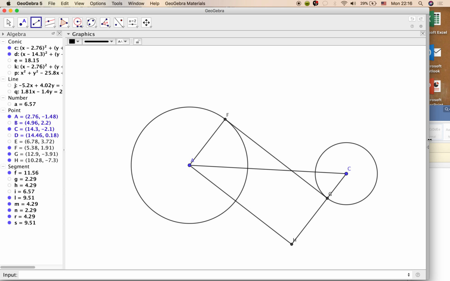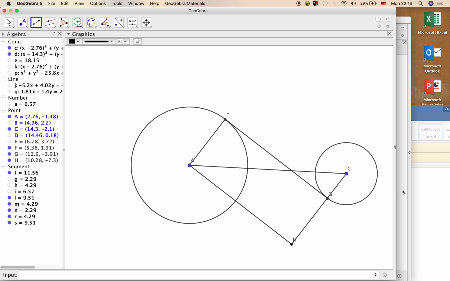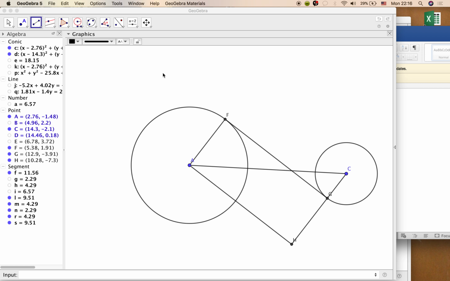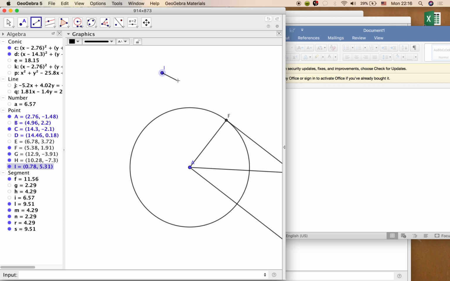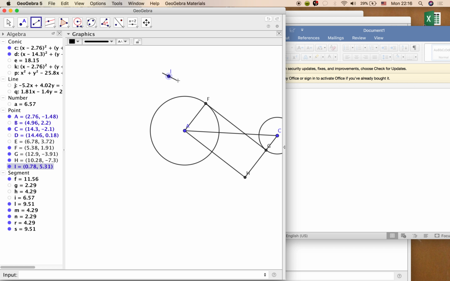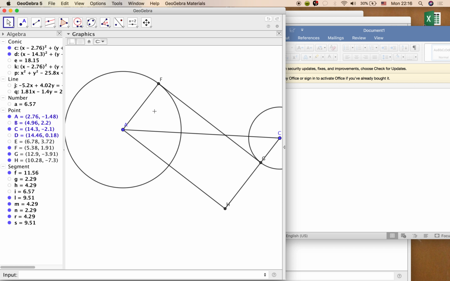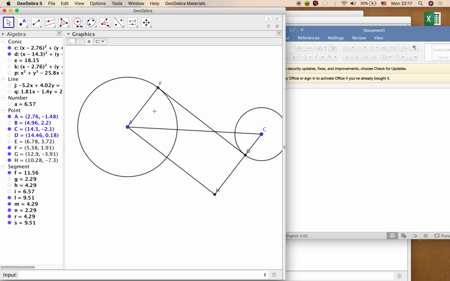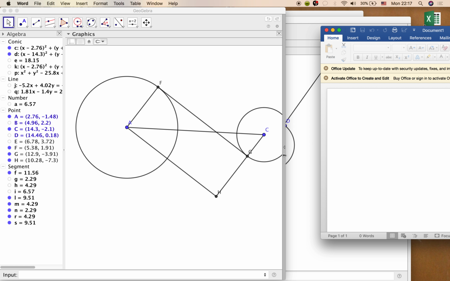Let's do that on another tab. Okay, bear with me.